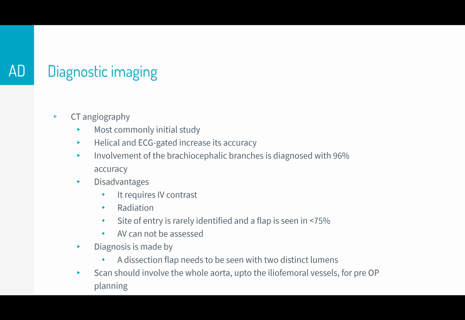Another disadvantage is that the site of entry is rarely identified, and the flap is seen in less than 75% of the patients. The diagnosis is made on CT by identifying a dissection flap with two distinct lumens.